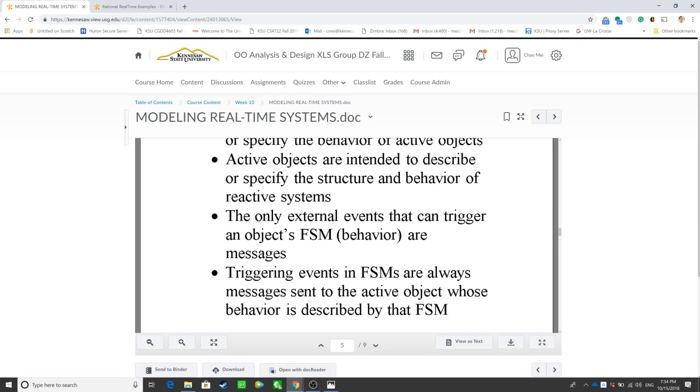Active objects, as I just mentioned, have their own thread, something that runs independently. They intend to describe or specify the structure and behavior of reactive systems.